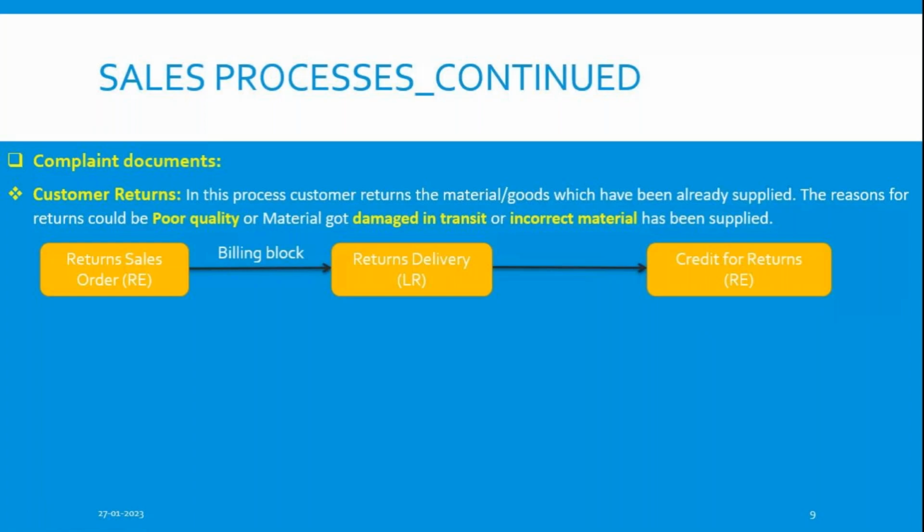When the customer is returning, and the company gives money to the customer, it's a loss for the business. So the business wants to understand why the customer is returning, what is the reason. That is why for return orders, the order reason is mandatory. The customer has to specify the reason why he is returning. So it goes for a billing block here.